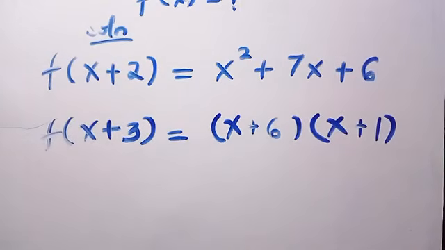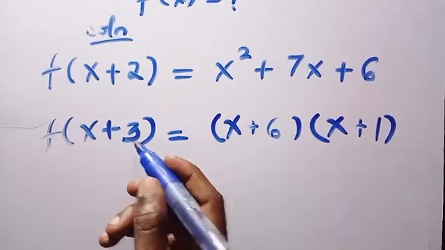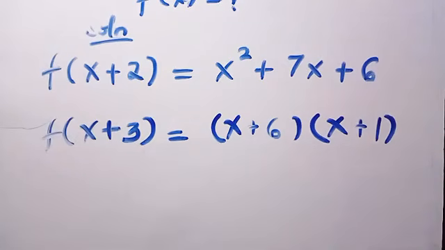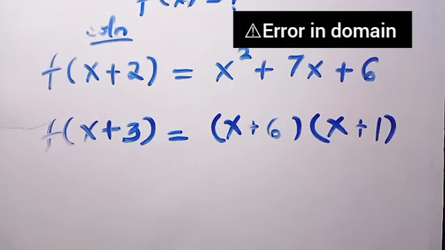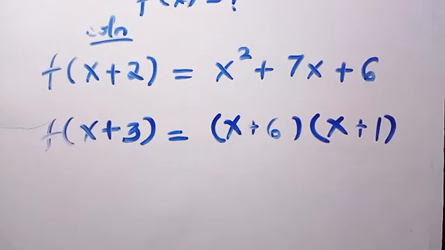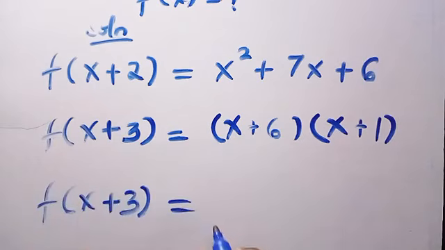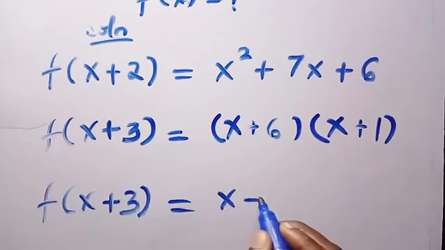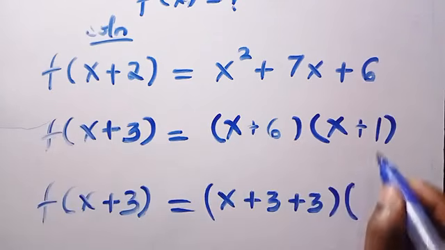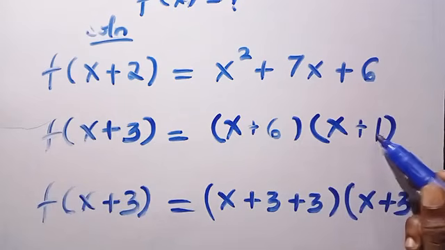Then the next thing is we are going to manipulate this. We have the domain here which is x plus 3, and we want to make sure this also looks like x plus 3. So suppose we manipulate this side: f of x plus 3 equals, here becomes x plus 3 plus 3, and also here becomes x plus 3, then we need plus 1 here.